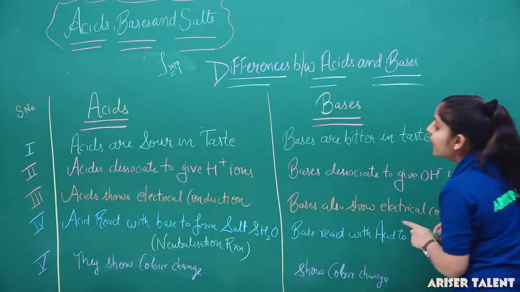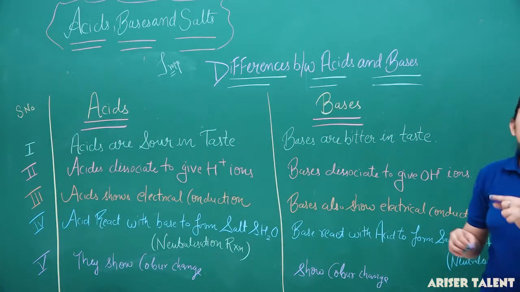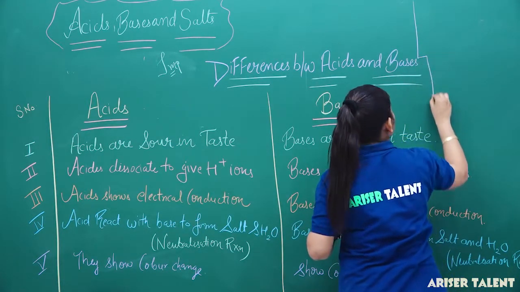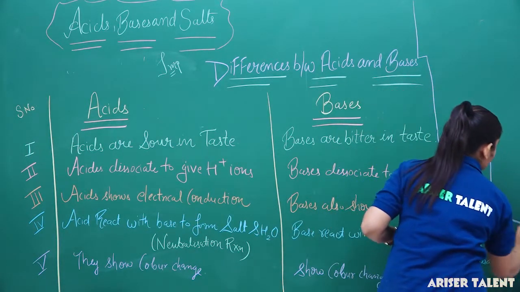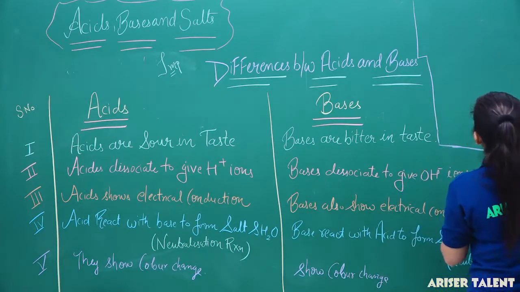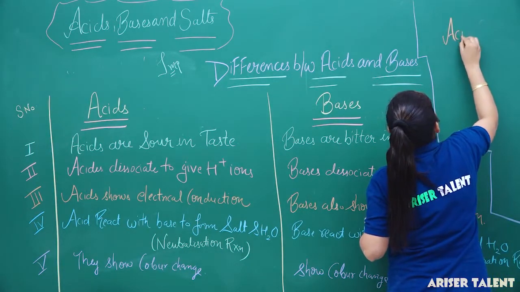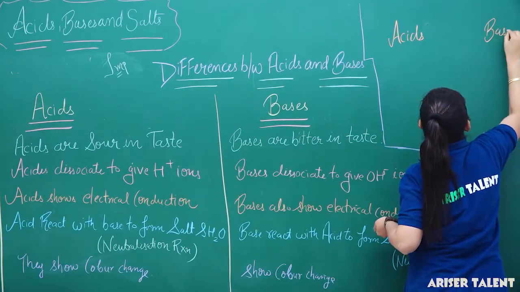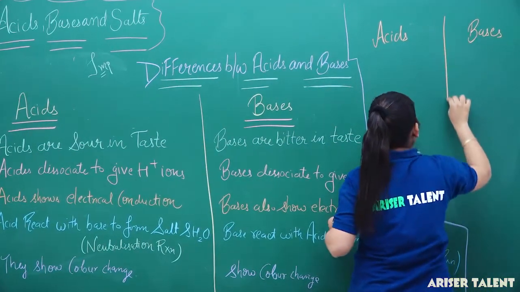Now we will take an example to understand the difference between acids and bases regarding the color change, in case of acids and here in case of bases, what actually happens?